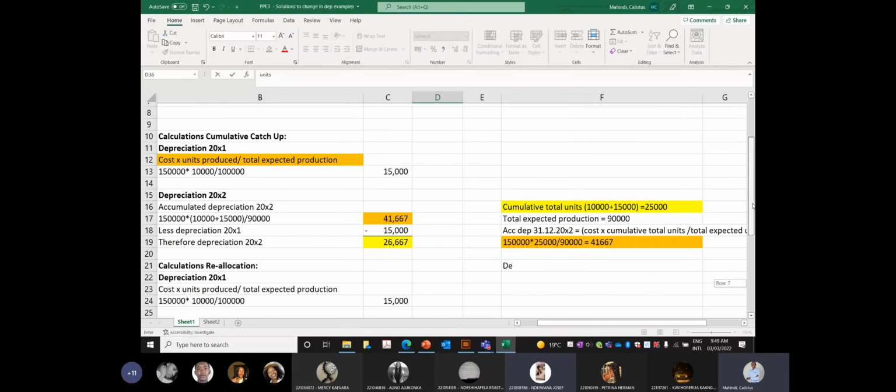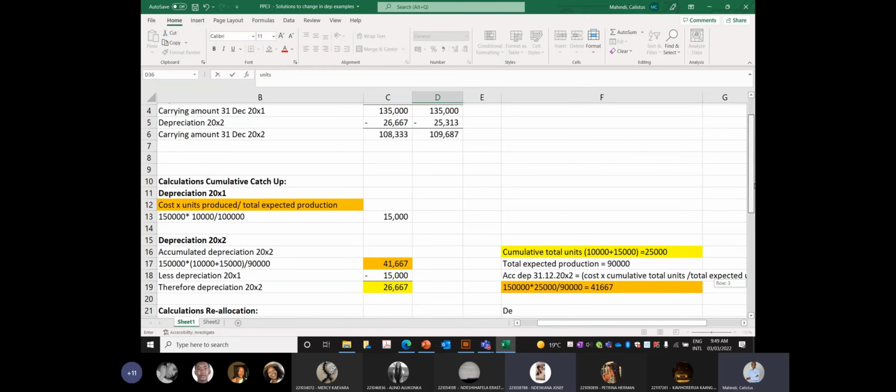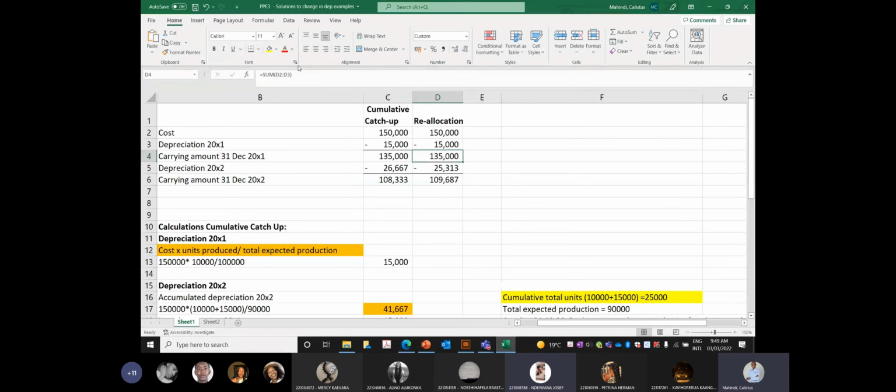That was just the cost minus the depreciation for 20X1.